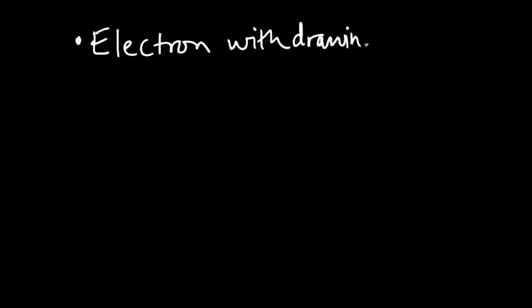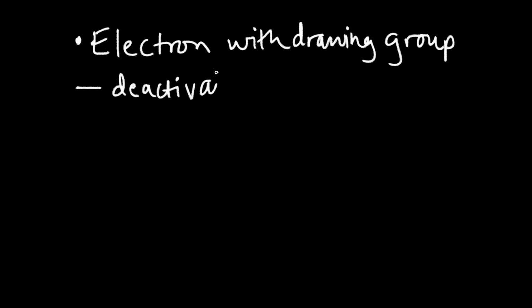So let's summarise what we've just discussed for electron withdrawing groups. So these are deactivating because they pull electron density out of the ring and make it less reactive towards electrophiles. And they also direct towards the 3 and 5 positions.